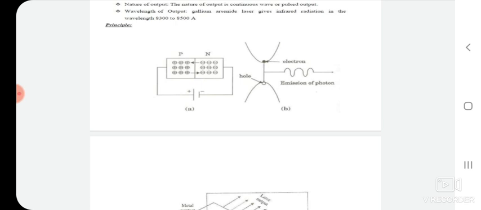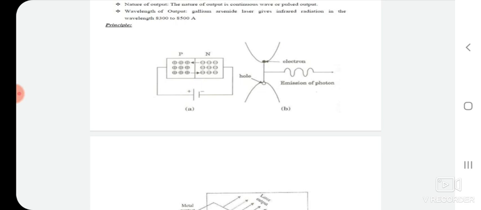The photon emitted during recombination stimulates other electrons and holes to recombine. That radiation again stimulates other electrons and holes to recombine. As a result, stimulated emission takes place, which produces a laser beam. On this principle, our semiconductor diode laser works.